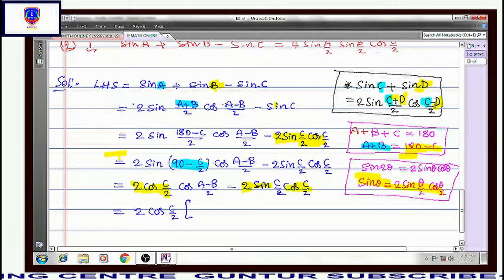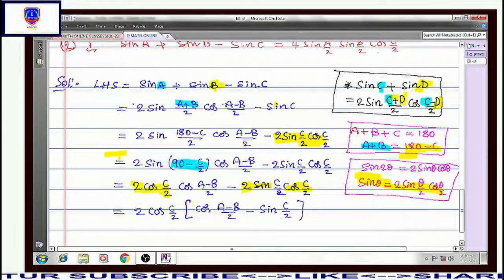So, taking common 2 cos C by 2, we have cos of (A minus B) by 2 minus sin C by 2.